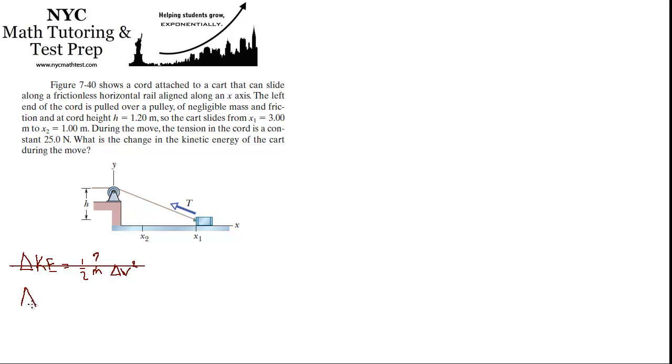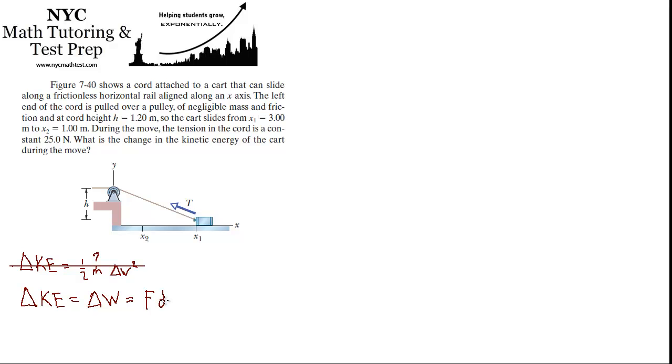The kinetic energy acquired by the cart is occurring due to the work that's being done on the cart. And what is work? Well, work is a force over a distance. And indeed, we have a force being applied. We have this tension force which is pulling the cart, and it's moving a distance. So this looks promising.